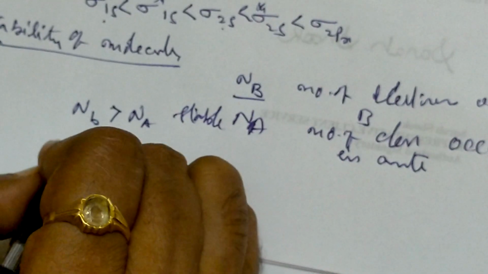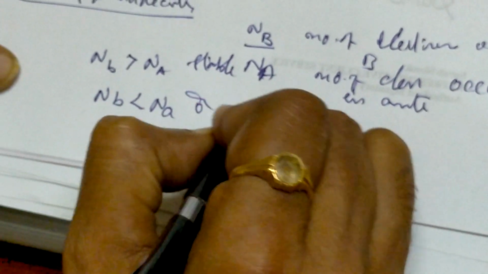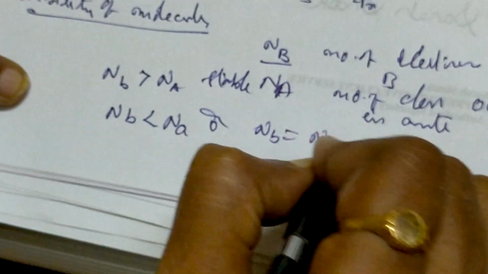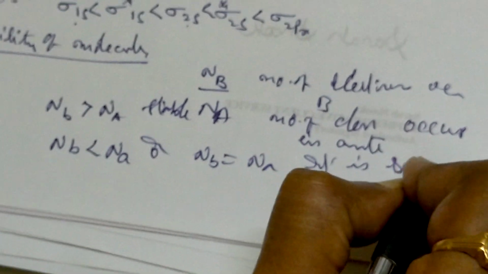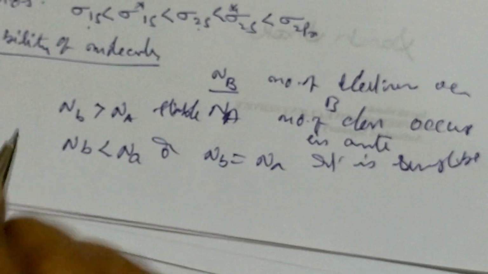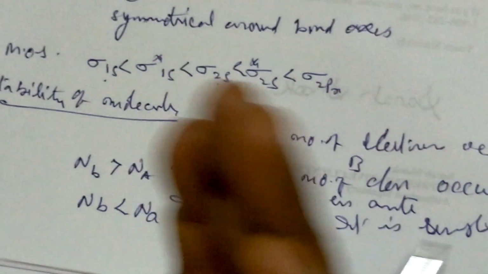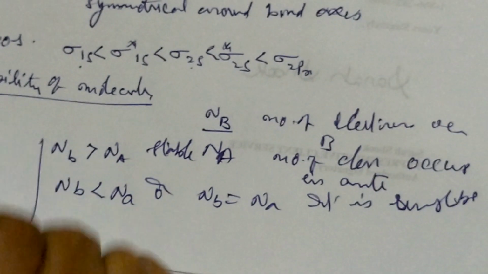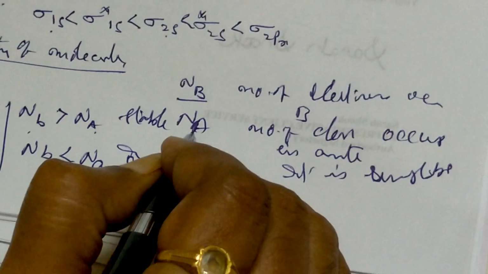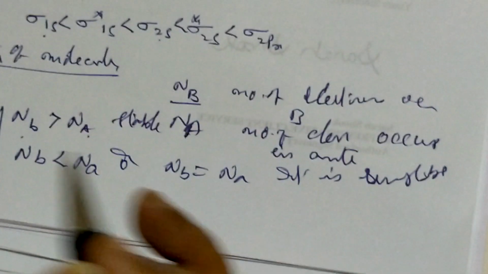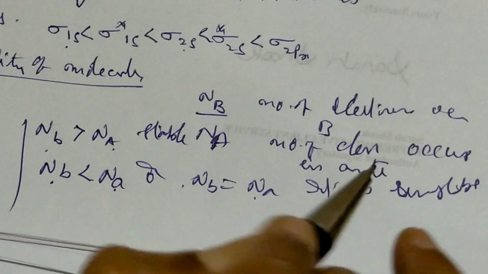If Nb is less than Na or Nb equals Na, it is unstable. Whether a molecule is forming or not, for example, will helium-2 form or not, will be decided from this. If Nb is more than Na, it is stable, whether diatomic or triatomic or whatever it is. If Nb is lesser than Na or Nb equals Na, it is unstable.